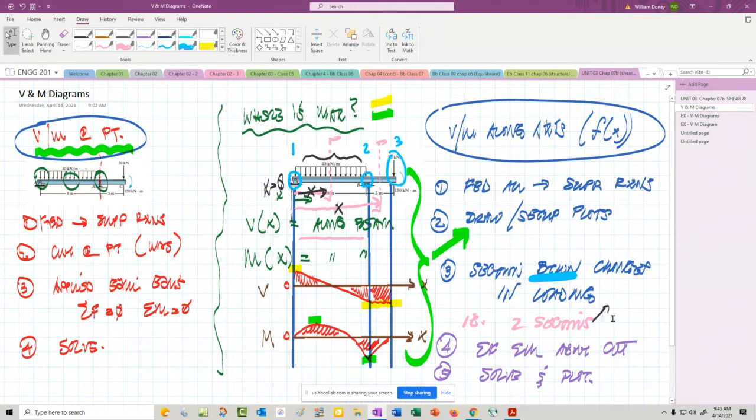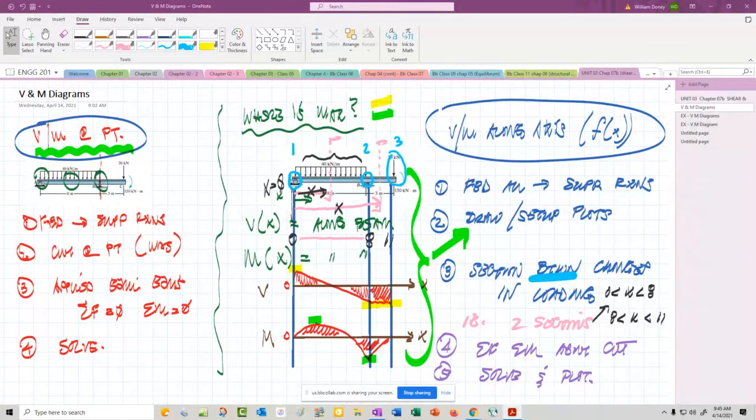So one section in this example is going to be between 0 and 8, and the other section will be between 8 and 11, which is the end. So that's 0, there's 8, there's 11. We'll section between those, and then we can find out how it varies.